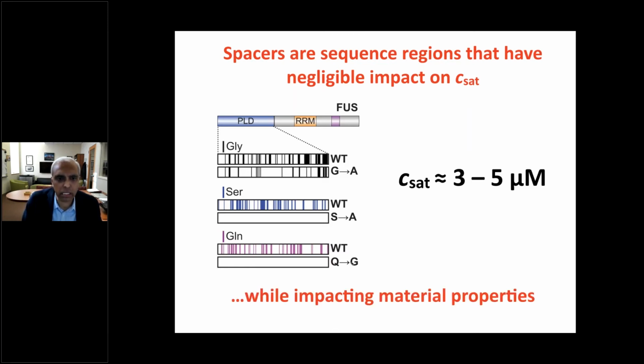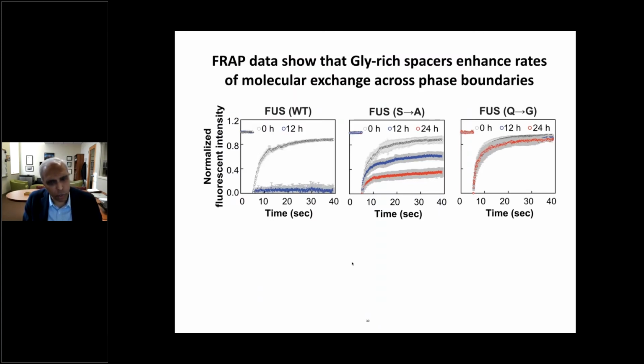but it turns out that they do impact the material properties as measured using a fairly crude approach, namely fluorescence recovery after photobleaching, which really doesn't quantify the various moduli that you would want to quantify for these condensates, but basically it helps quantify the rates of exchange of molecules across phase boundaries.